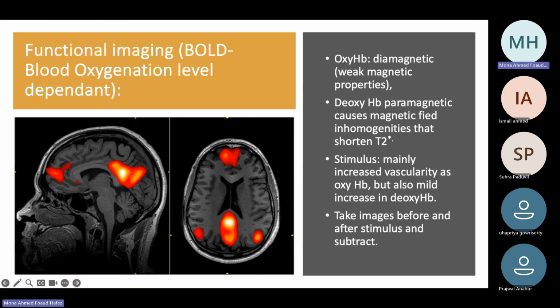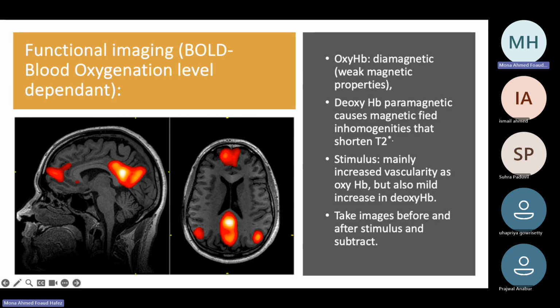Functional imaging is called blood oxygenation level dependent, or BOLD, imaging. You will hear about that also in the brain. It depends on oxyhemoglobin being diamagnetic, having weak magnetic properties, whereas deoxyhemoglobin is paramagnetic and causes magnetic field inhomogeneity.